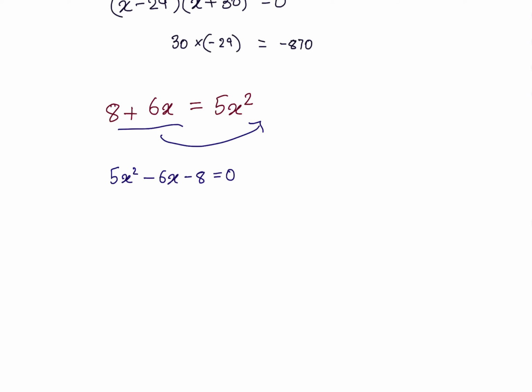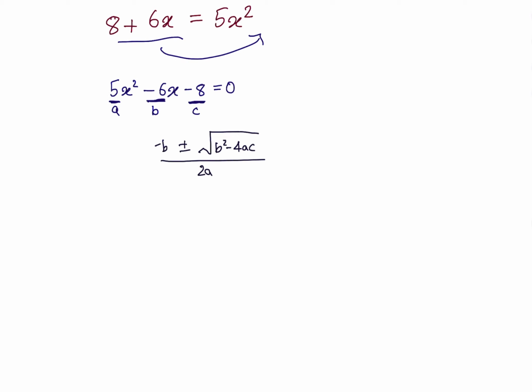So now let's go ahead and note down our A's and B's and C's. So our A is 5, our B is -6, and our C is -8. So the quadratic equation is minus B plus minus the square root of B squared minus 4AC, divided by 2A.